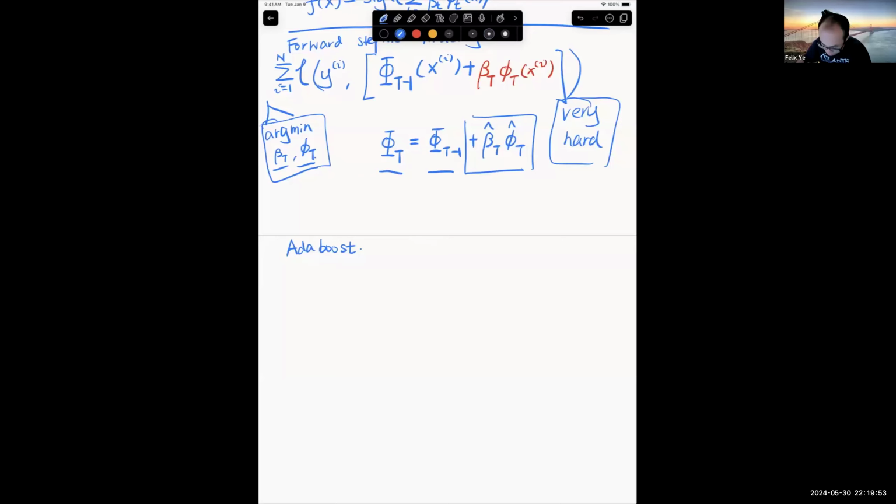So what you want to do is construct a strong learner, which is h of x, the linear combination of phi t.